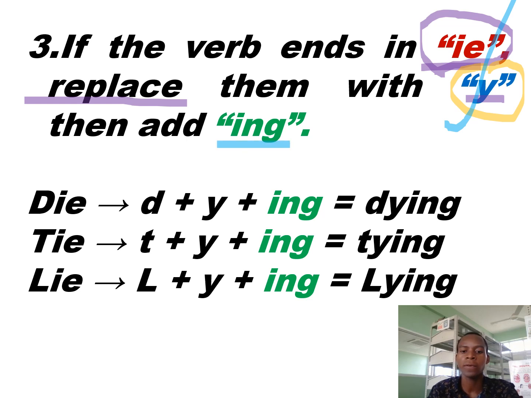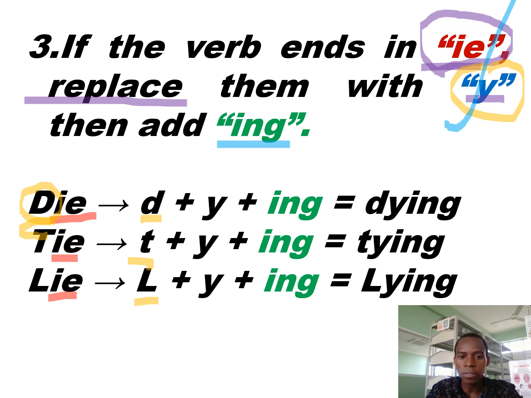Let's have an example of verbs like tie and lie, which end with IE. We remain with the letters D, T, and L, because it's only the sound which is remaining, since the verb ends with IE at the final.